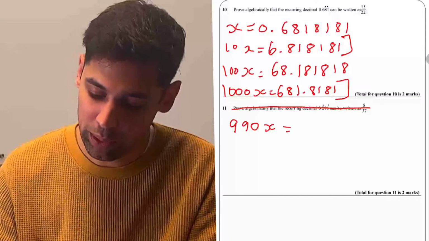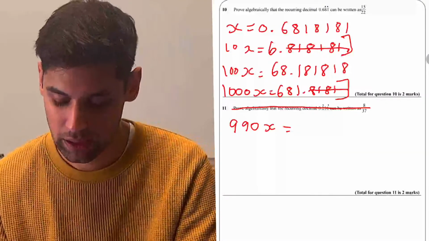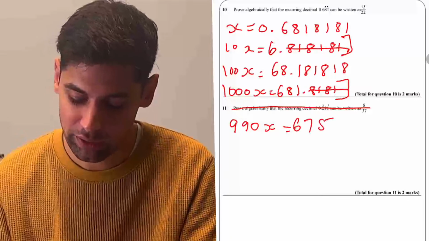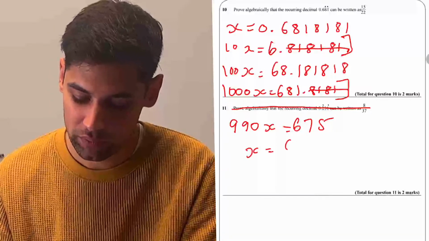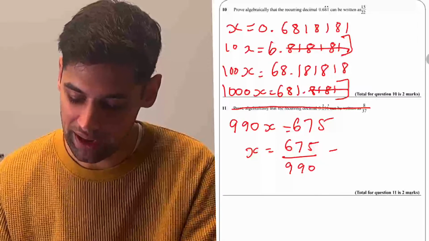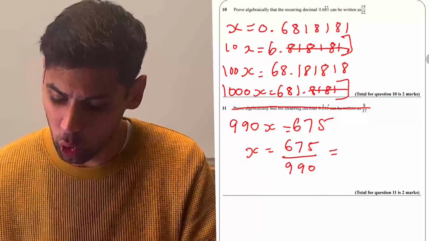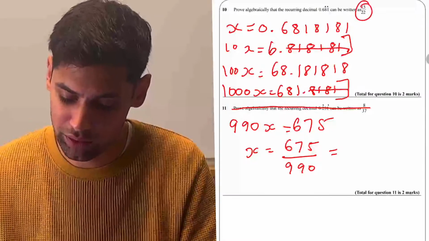And then because the 0.8181s will cancel out, we're just doing 681 take away 6, which is going to be 675. So 675 over 990. And then at this stage we'll just plug this into our calculator, to end up with 15 over 22.